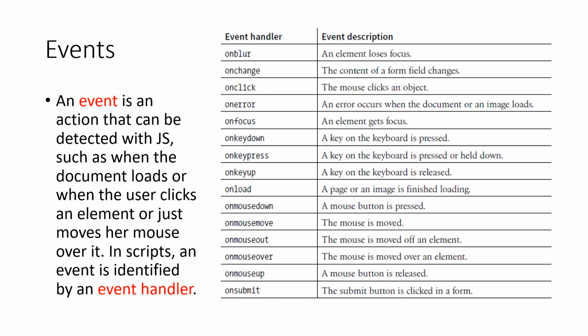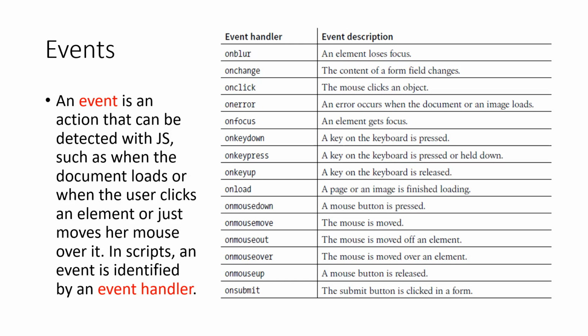Now that we have looked at the window object, the next thing that we should focus on is the different events that we can have, right? You can use JavaScript to listen to what is happening in the web page. For example, JavaScript can listen to when the document loads, or when the user clicks on an element.